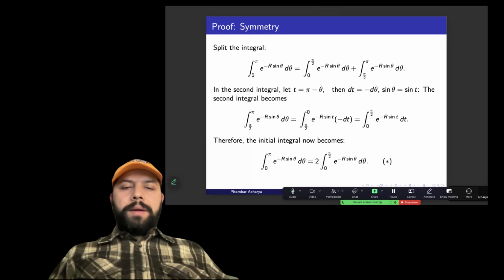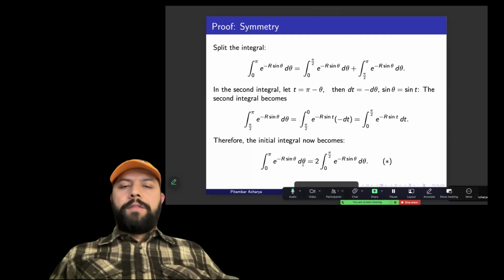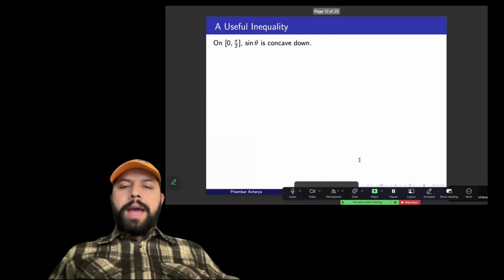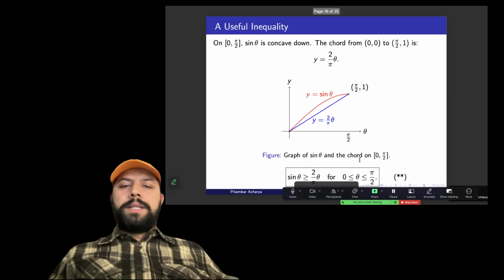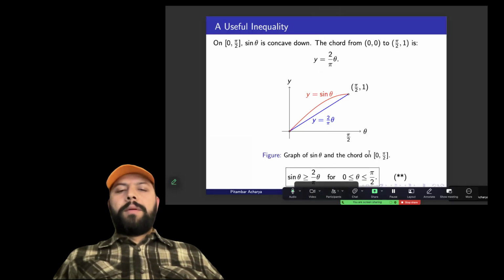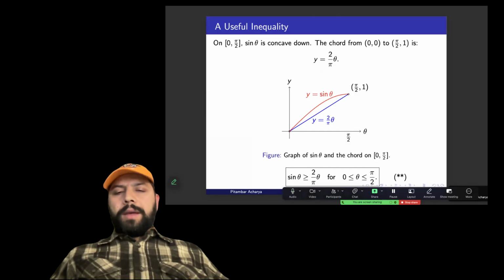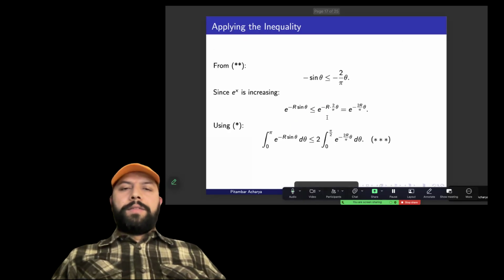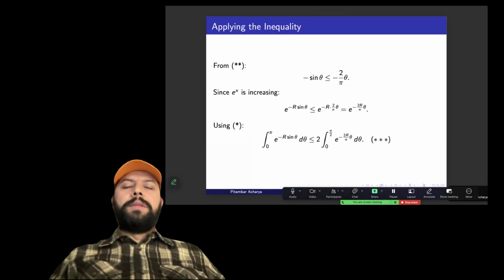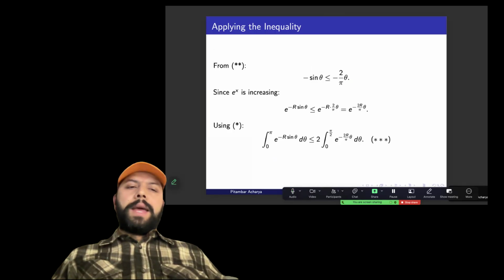So our initial integration is this one. We converted it into 2 times the integral from 0 to pi over 2. And then we have this inequality, sine theta greater than or equal to 2 theta over pi. So we can use this inequality. Multiplying that inequality by negative 1 will flip the inequality sign from greater than to less than or equal to.